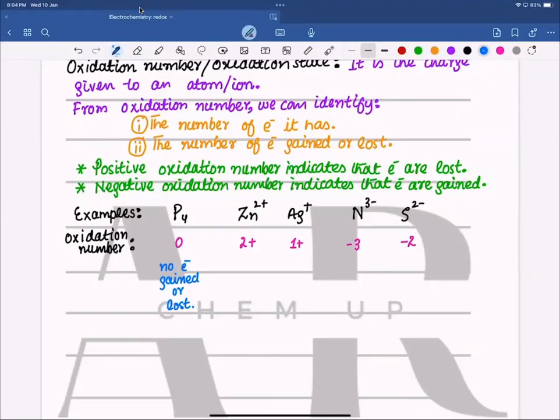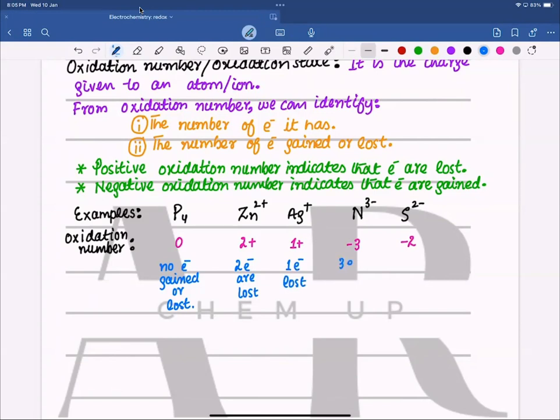Okay, now as the oxidation number is 0, it's an element and there are atoms in the molecule, so we say that there is no electron lost or gained because the oxidation number is 0. Here its oxidation number is 2 positive. It indicates 2 electrons are lost. It indicates 1 electron lost.